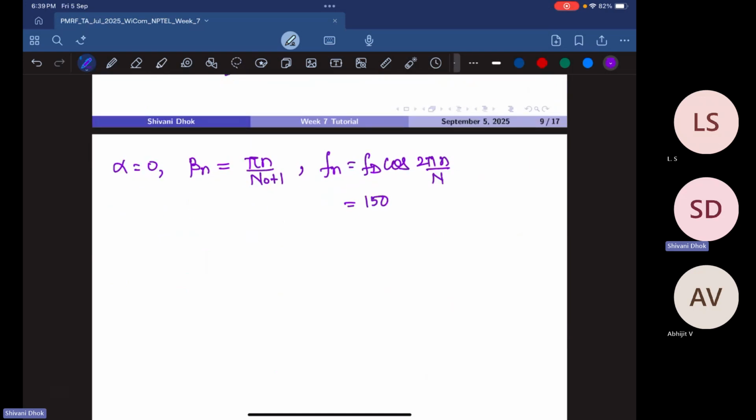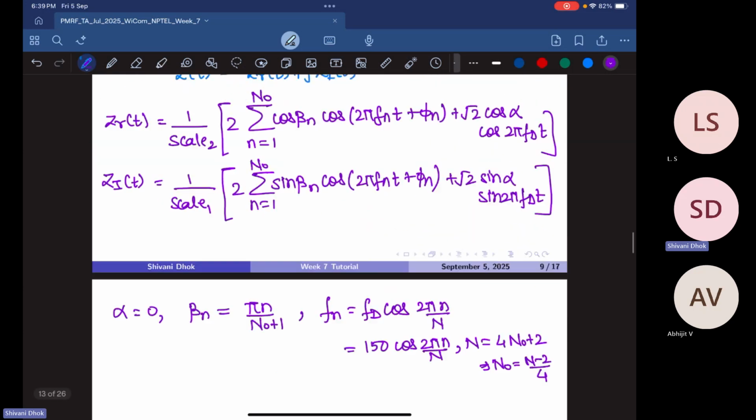So this is 150 into cos of 2 pi n by N, where N is the number of samples that you want, and N naught is related to N as N minus 2 by 4.